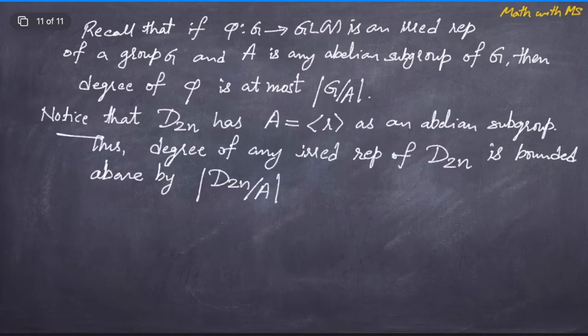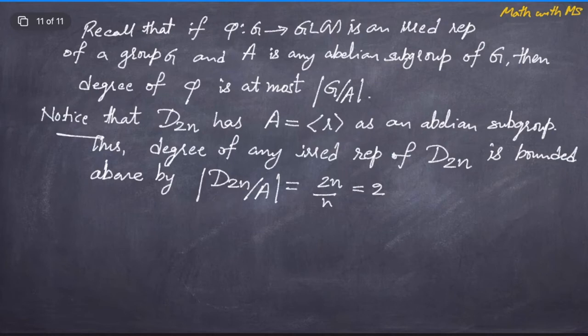The dihedral group D_2n has this abelian subgroup, namely the subgroup generated by the element R. Let us call it A. Thus the degree of any irreducible representation of D_2n is bounded above by the index of A in D_2n. But we know the order of D_2n is 2n and the order of A is n, so that is 2.